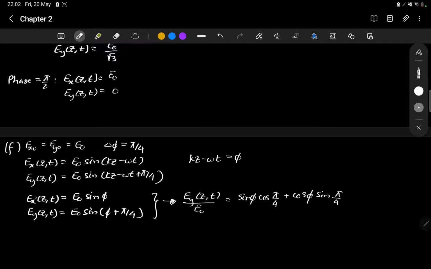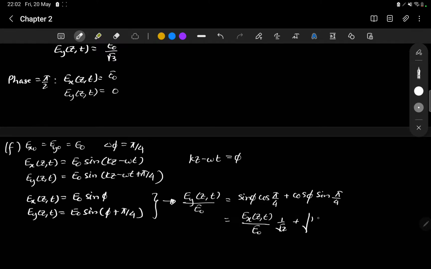Now sine phi can be written from this equation as Ex over E naught. So this is Ex over E naught, cos pi by 4 is 1 over root 2. cos phi is nothing but square root 1 minus sine squared.